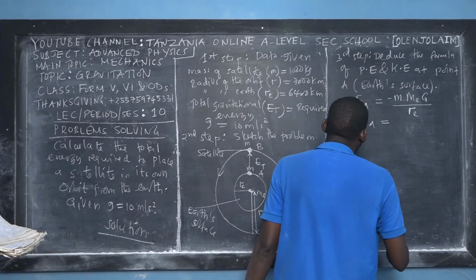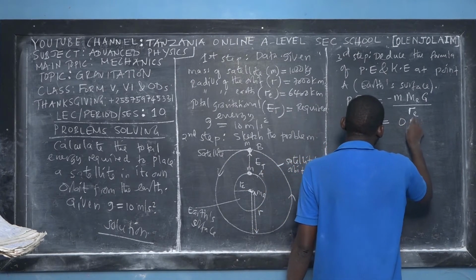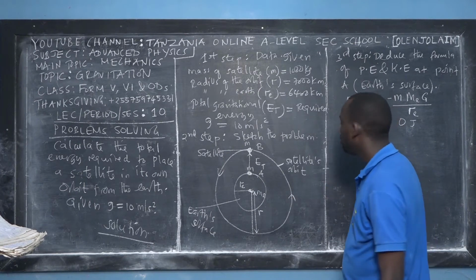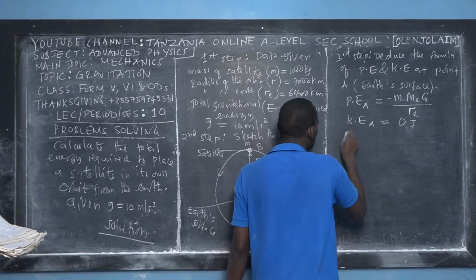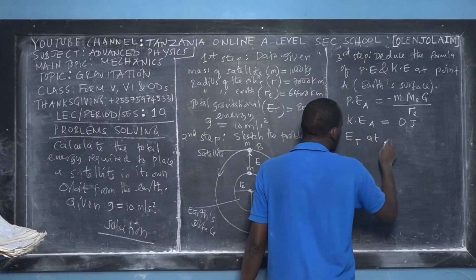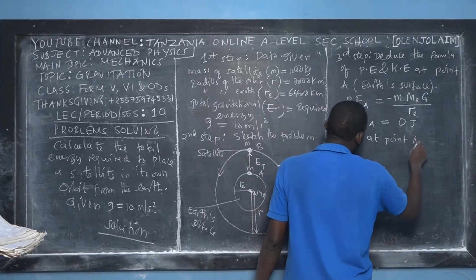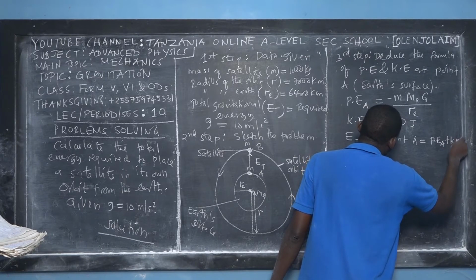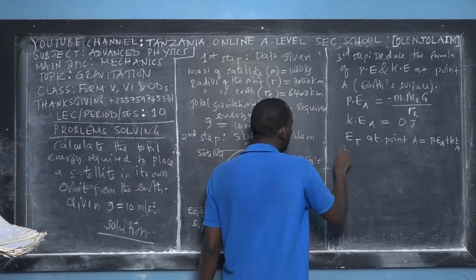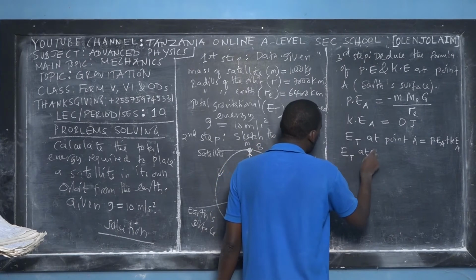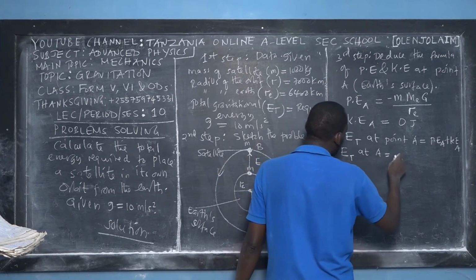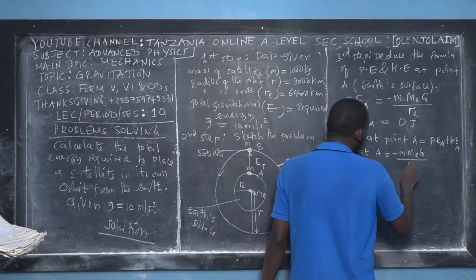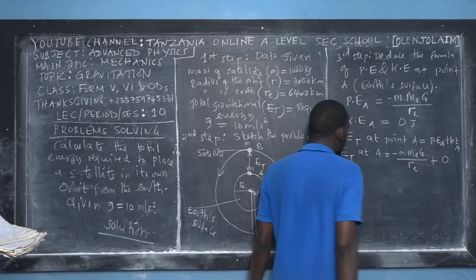So the kinetic energy at point A is equal to 0 joules, as there is no motion of the satellite. Then the total energy at point A, on the Earth's surface, is equal to the potential energy at point A plus the kinetic energy at point A. So the total energy at point A is equal to negative mass of the satellite times mass of the Earth times the universal gravitational constant over the radius of the Earth, plus 0 kinetic energy.